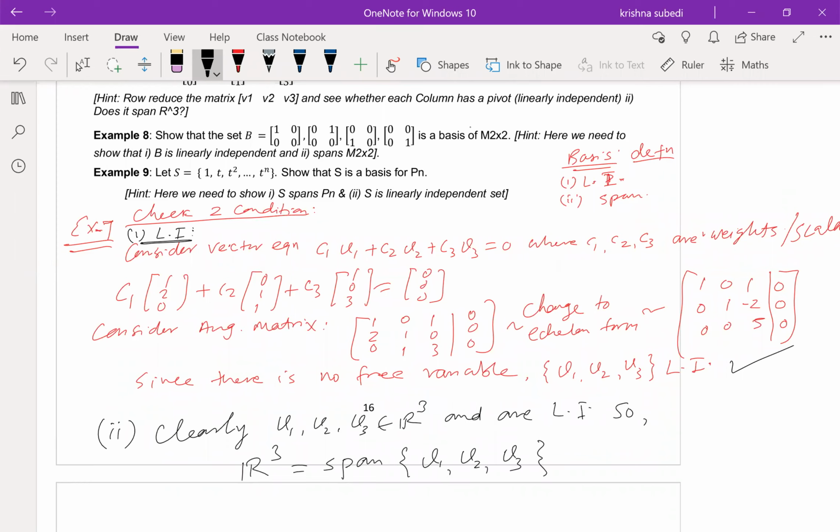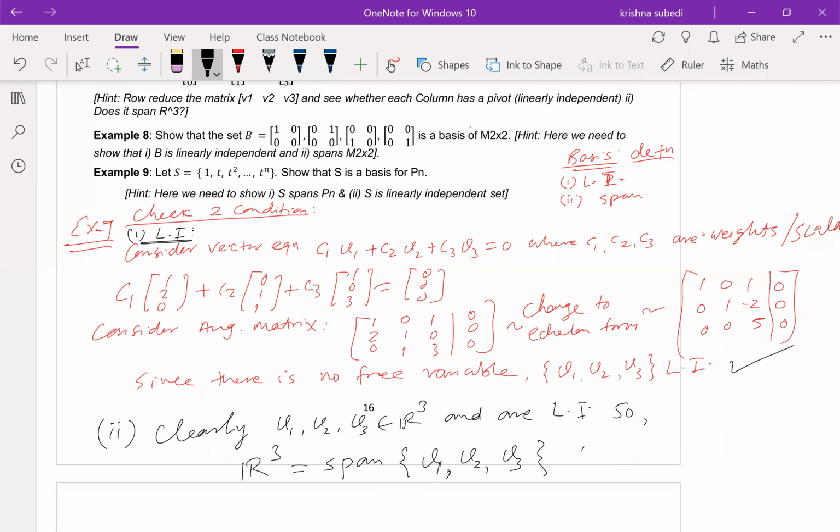R3 is 3 dimensional, so you need three different vectors, three different directions, to create it. Since V1, V2, V3 are linearly independent, they represent three different directions, so this is the span.